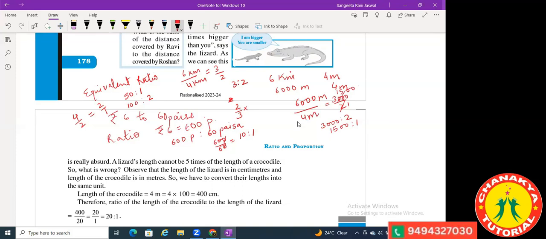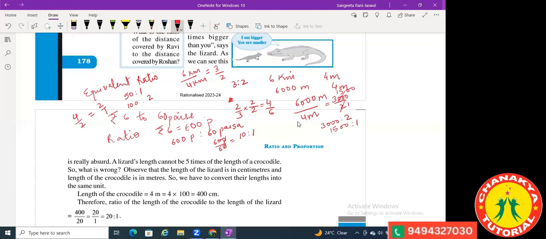Now see, what will you do here? To find equivalent ratios of 2 is to 3, you multiply or you divide the numerator and denominator both by the same number. So 2 into 2 gives you 4 and 2 into 3 gives you 6.